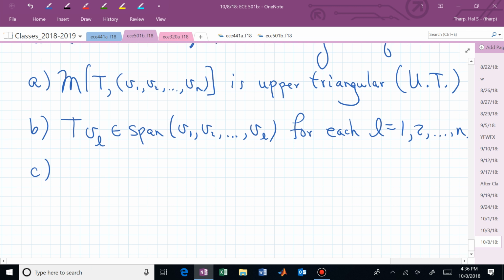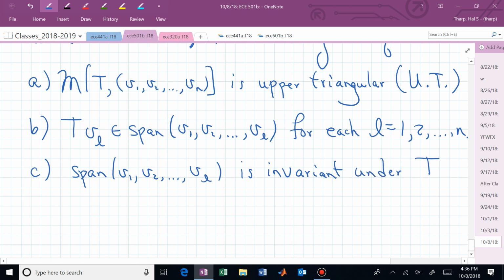The other equivalent statement is that the span of V1, V2 up to V sub L is invariant under the linear operator T for each L equal to 1, 2, on up to n.